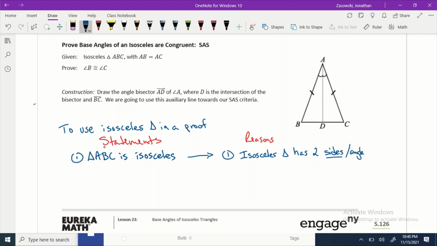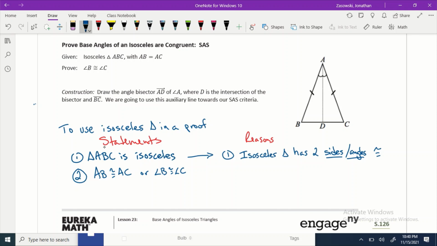You pick which one we have based on the picture or the given congruence. Then we're going to use this to prove that either the two sides are congruent, so AB is congruent to AC, or that angle B is congruent to angle C. So this is whatever you need.